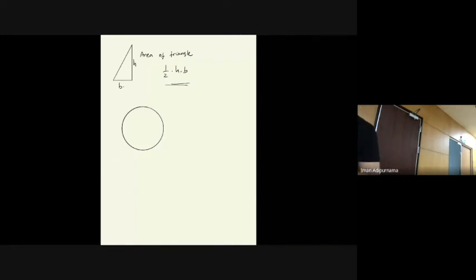So the idea is, what I mean is, you have this first. Okay. So this is one triangle. You can make any triangle, any polygon. So this is a polygon with n equal to 3. You can increase the n.